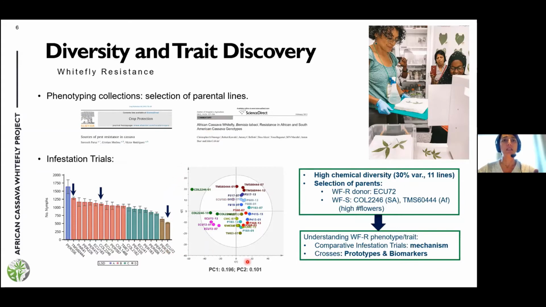The analysis of this panel indicated that ECU72, which is the most resistant one, and one of the susceptible ones, called 2246, presented a distinctive chemotype compared to the other lines.